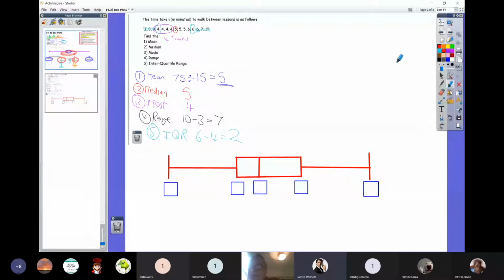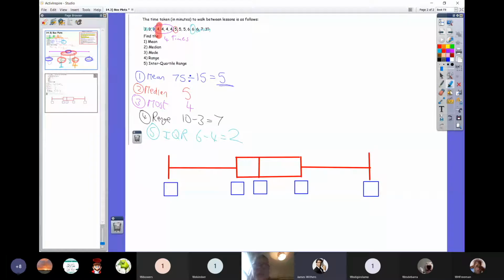Okay, you can see that we've worked out the lower quartile to be 4, highlighting that in red. I don't think that's come through at your end quite yet. So the lower quartile is 4. There we go. The median mark, the mark in the middle, was 5, coming through in green fluorescent pen in a second.